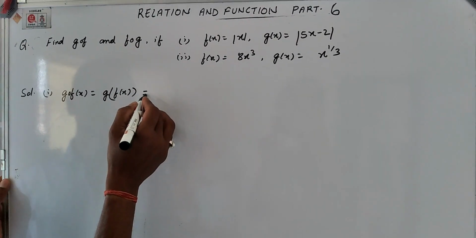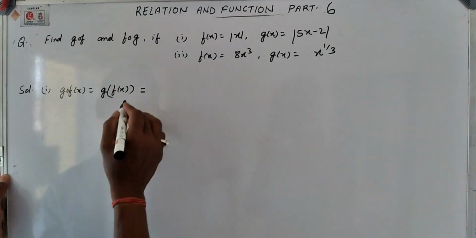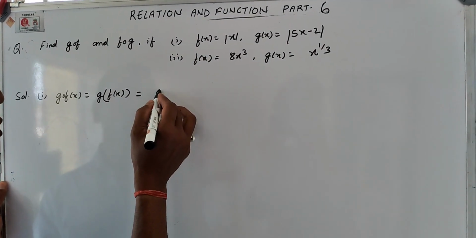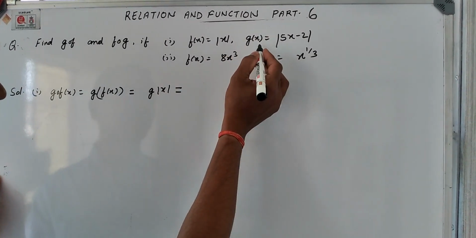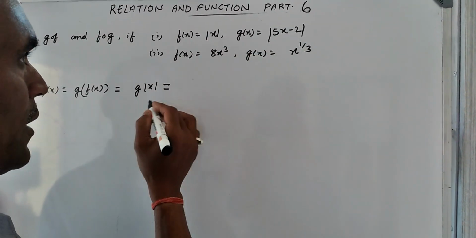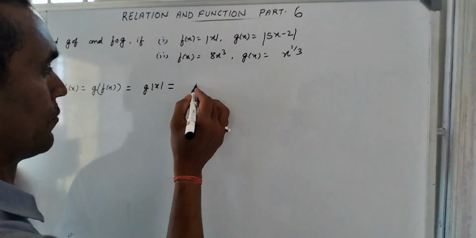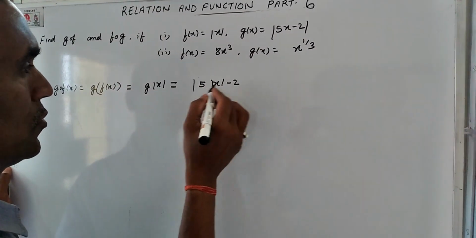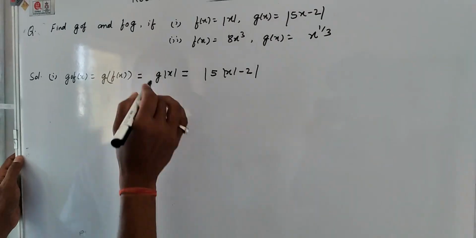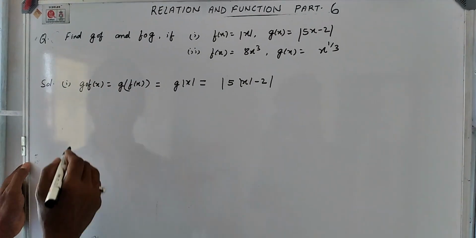According to our definition of composition, f(x) is mod x, so g(mod x). Now under g you replace x by mod x, you will get 5 mod x minus 2. So this is your g circle f function.